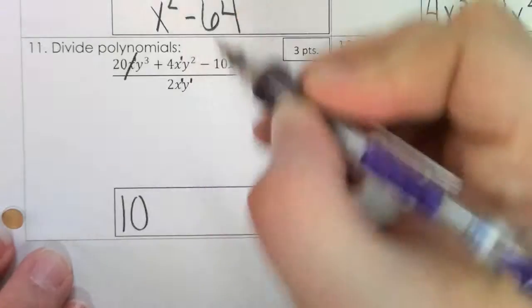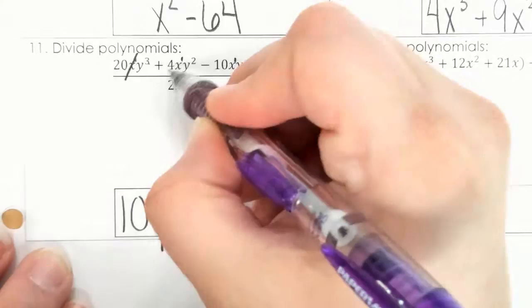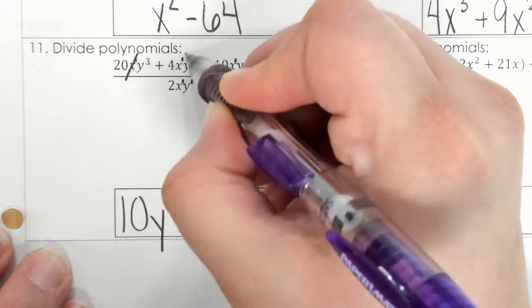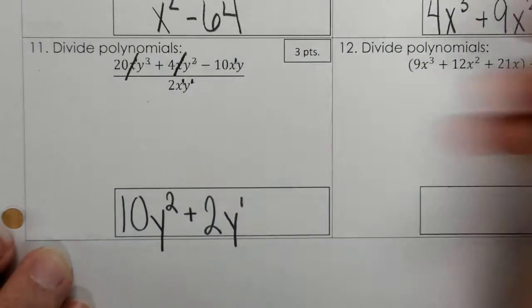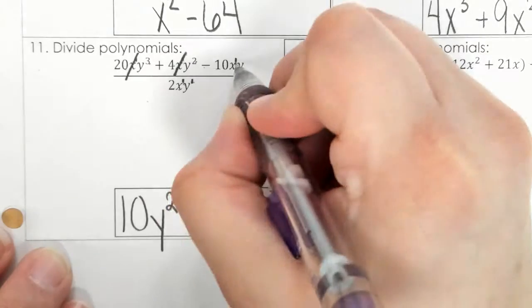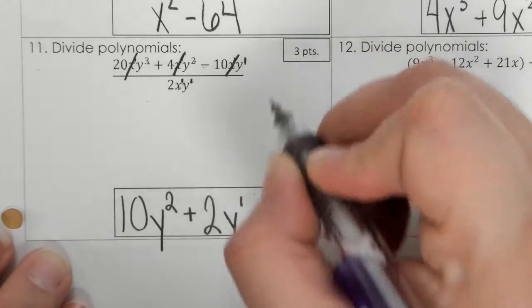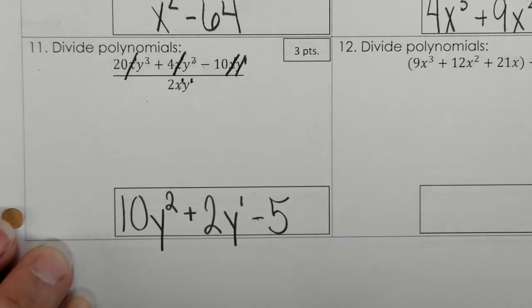I don't need that x. 3 minus 1 is y to the second power. 4 divided by 2 is 2. 1 minus 1 is 0. 2 minus 1 is y to the first. Negative 10 divided by 2 is negative 5. X minus x would be 0. Y minus y is 0 as well. This is my final answer.